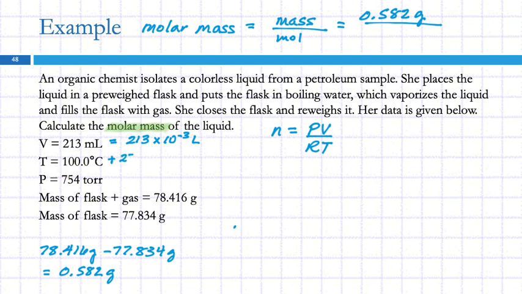So I want to use 273.15 for this one. I end up with 373.15 kelvins. And then torr, remember torr is the same as millimeters of mercury. So 1 atmosphere is 760 torr.